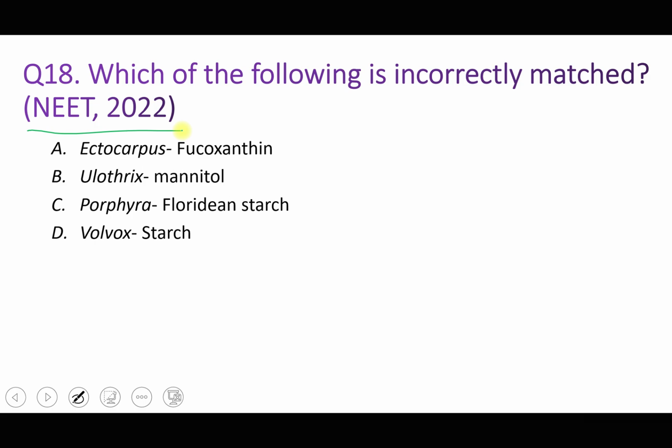Here on the left side there is the name of the alga, on the right side the reserve material is written, and out of these 1 pair is incorrect. So the incorrect pair is B, Ulothrix, mannitol. Ulothrix does not contain mannitol, but it contains starch. Mannitol is present in the Phaeophyceae, the brown algae, and Ulothrix is a member of the green algae.